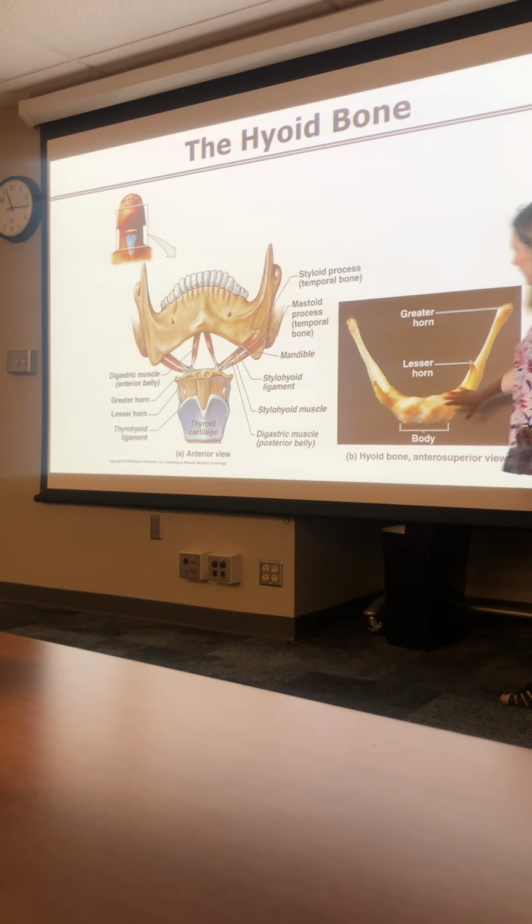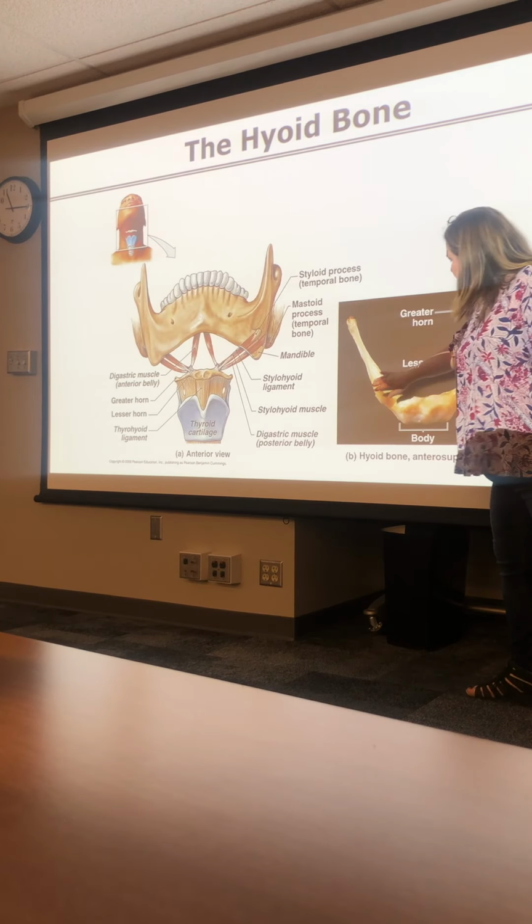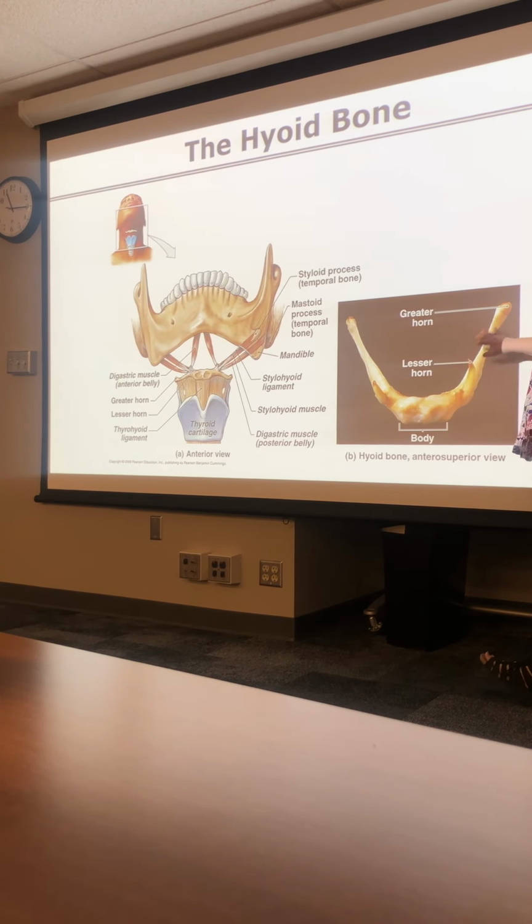It has a horizontal body and 2 sets of horns that come off, lesser horns and greater horns. And the hyoid bone, along with the cartilages of the larynx, are often fractured during strangulation, and so very often they're carefully examined during autopsies when strangulation is suspected.